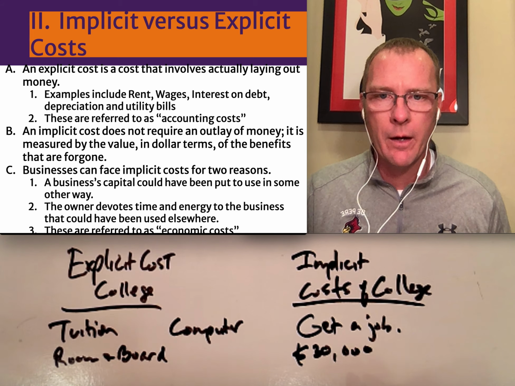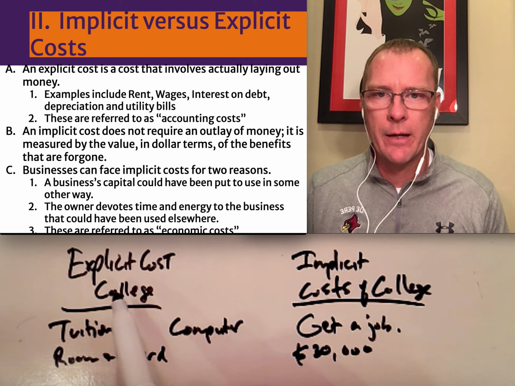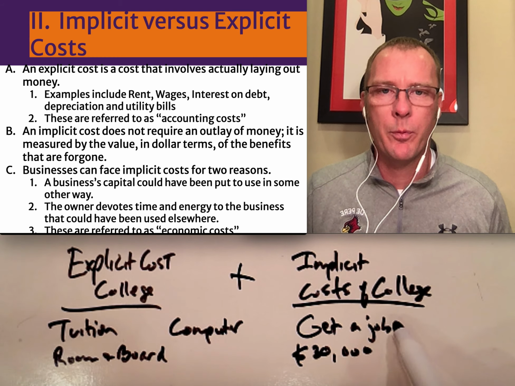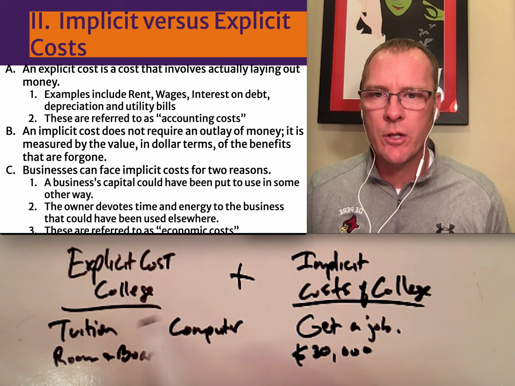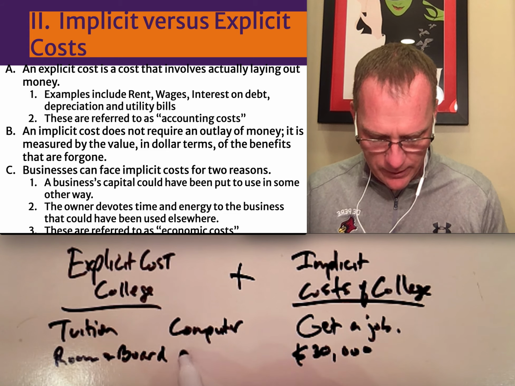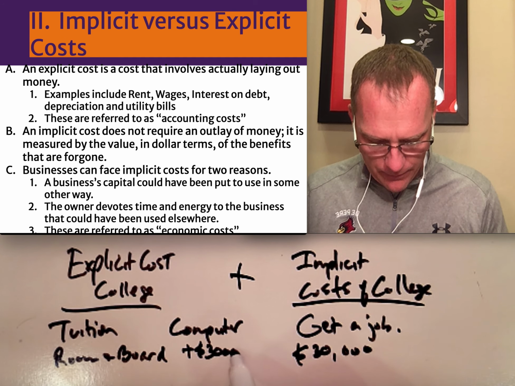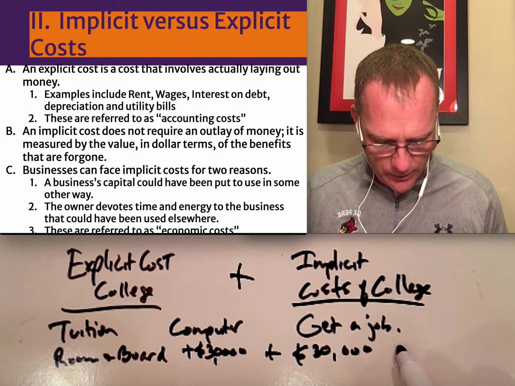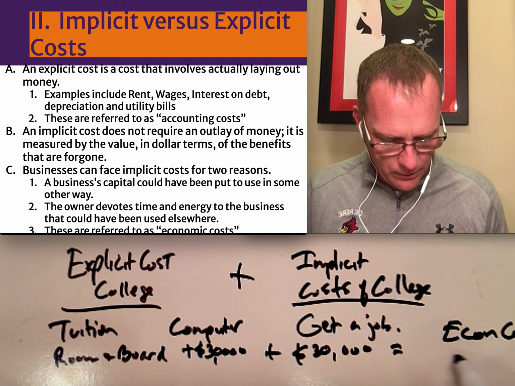now if I am an economist, I'm going to take my explicit costs and add my implicit costs in here. If my tuition, computer, room and board totaled $30,000 for the year, I have to take that 30 and this 30 for an economic cost of $60,000.